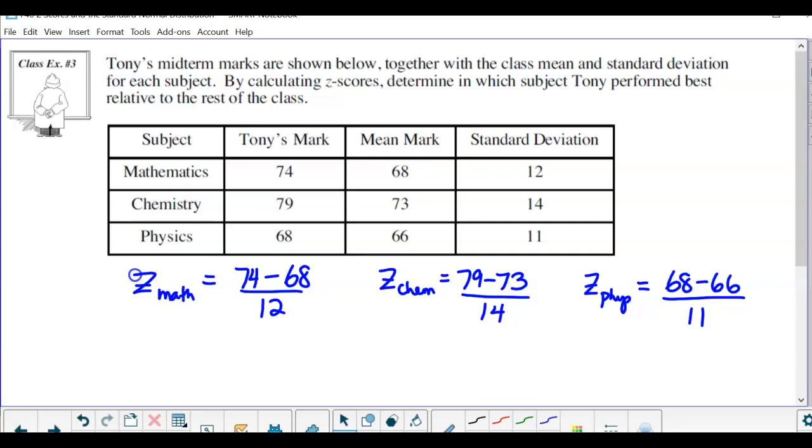These were 6 apart, but the standard deviations were a little bit different. So 6 divided by 12 is 1.5. That's the z-score for math. 6 divided by 14 is a little bit less. And that's 2 divided by 11.